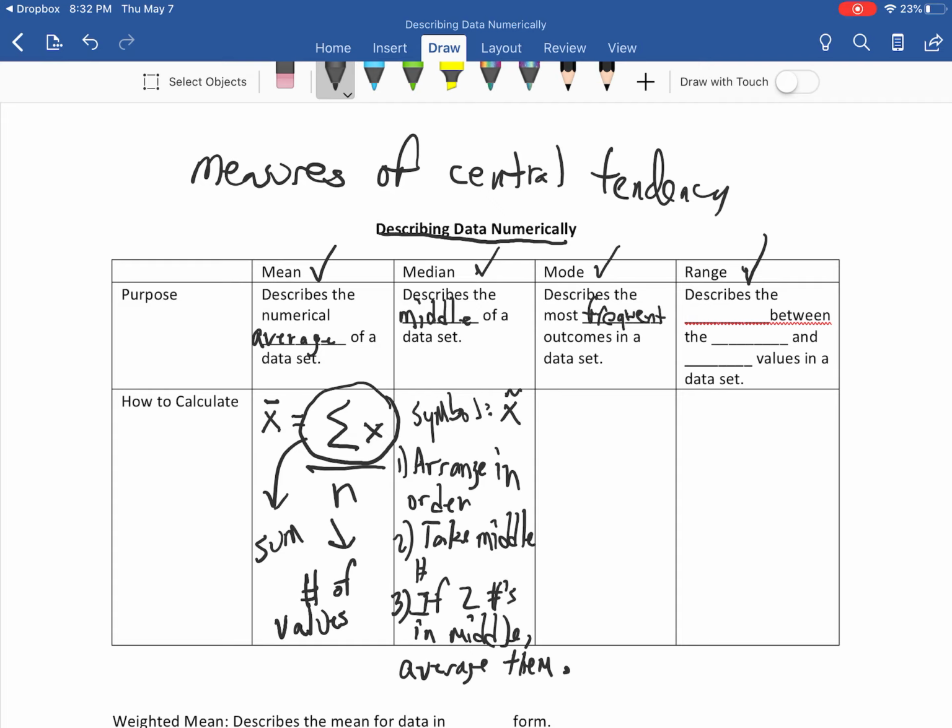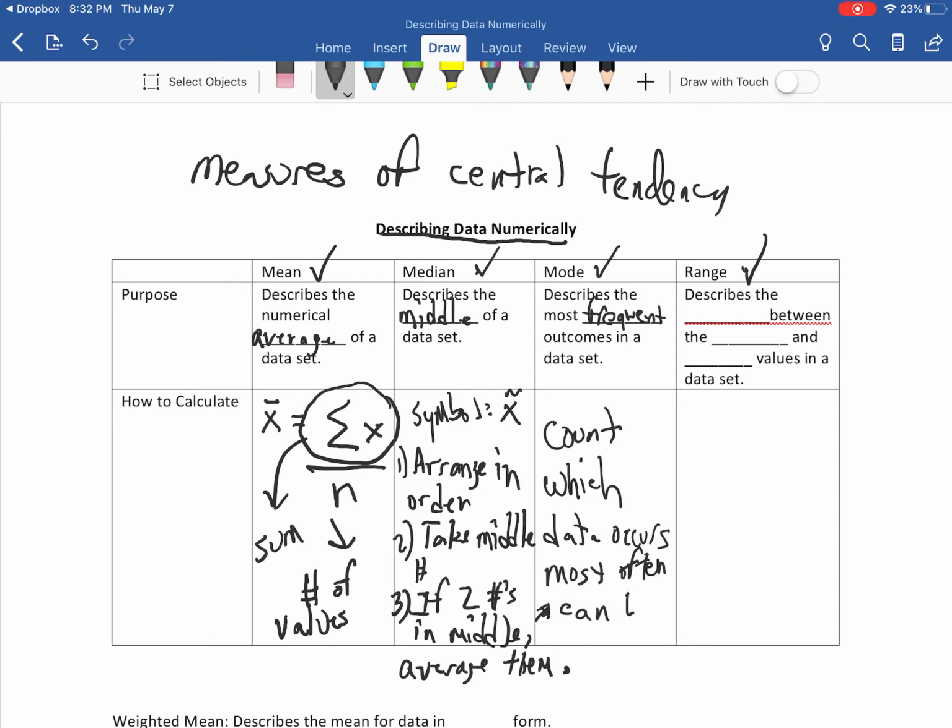So the way we find the mode is count which data occurs most often.